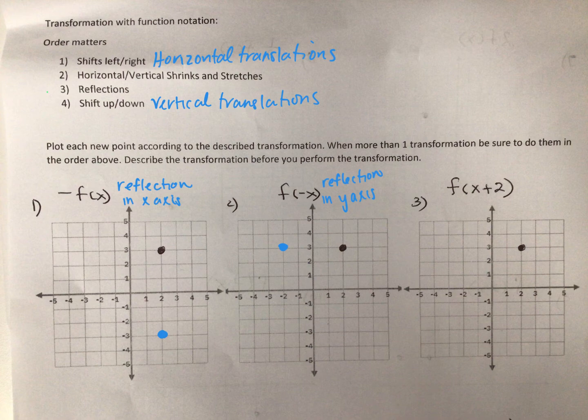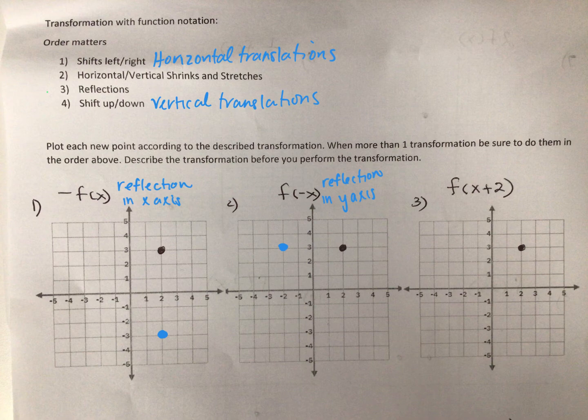Horizontal is right, left. This moved it right and left. The reflection on the y-axis is horizontal, and the reflection on the x-axis is vertical. That's outside. Outside the function is vertical. Inside the function is horizontal.